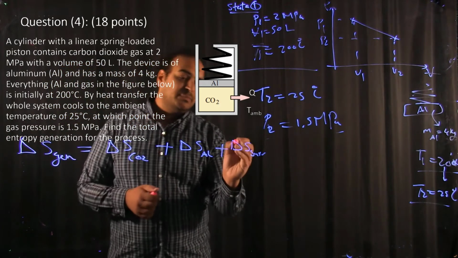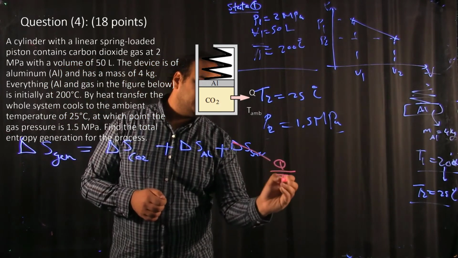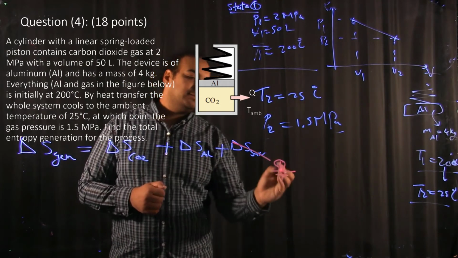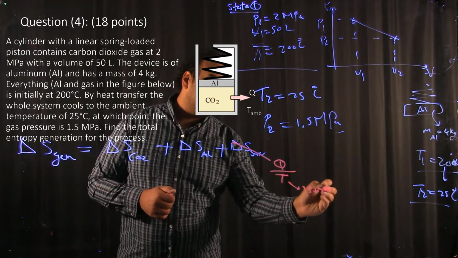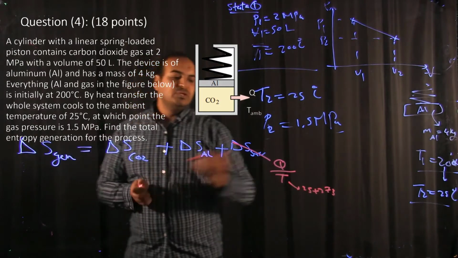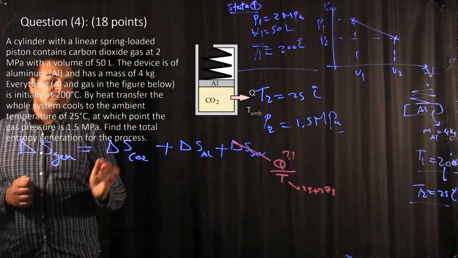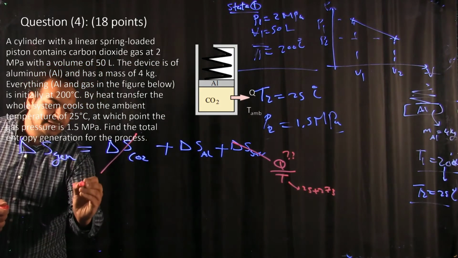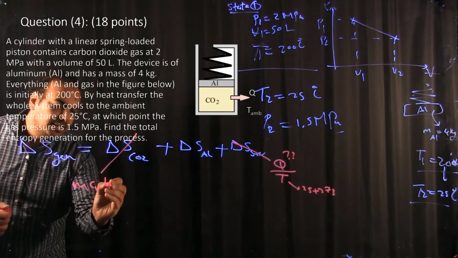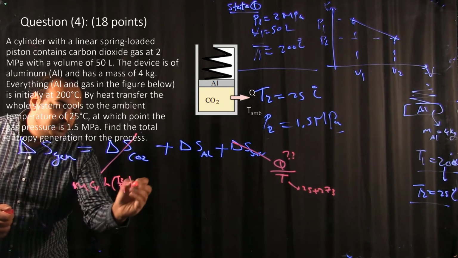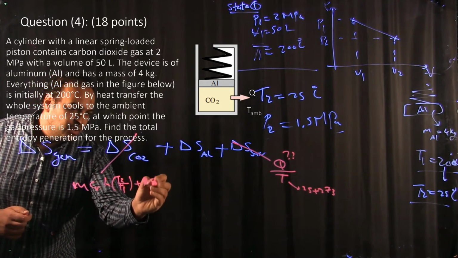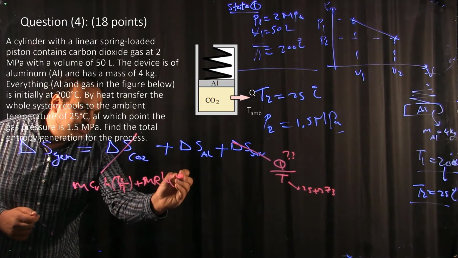Just in terms of the equation, Q over T, where T is 25 Celsius, so 25 plus 273. We need to get the Q. Delta S for CO2 is simple. Delta S for an ideal gas is m cv ln T2 over T1 plus m R ln V2 over V1.